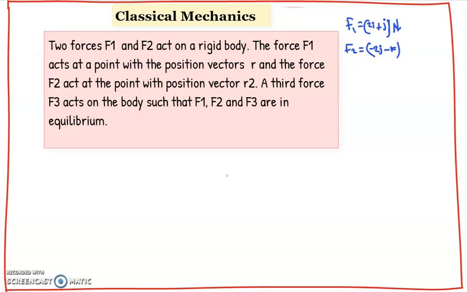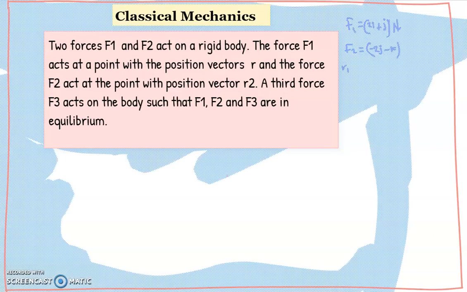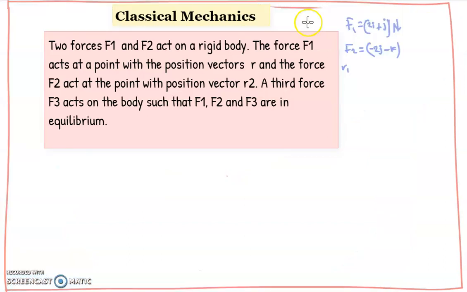The force F1 acts at a point with position vector R1. R1 is given as 3i plus j plus k.